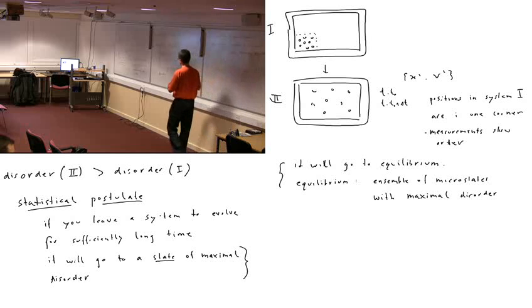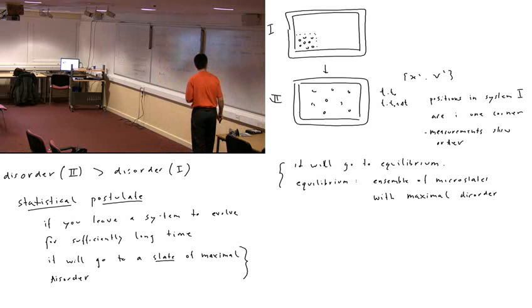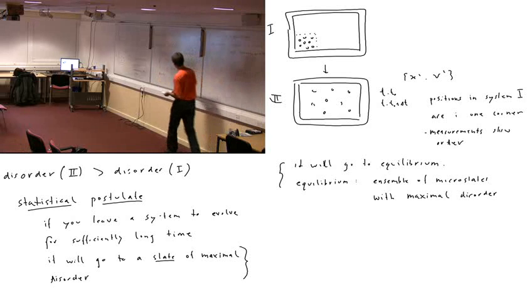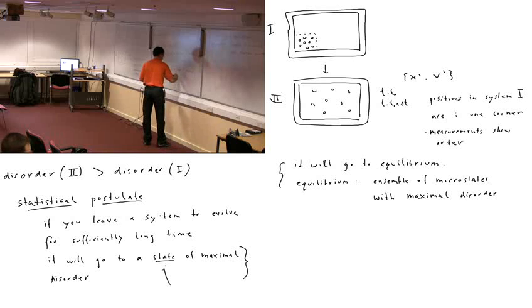So that if I do a measurement, I have least information about what the values of these position and velocity measurements will be. So this word state here is really a macroscopic state.